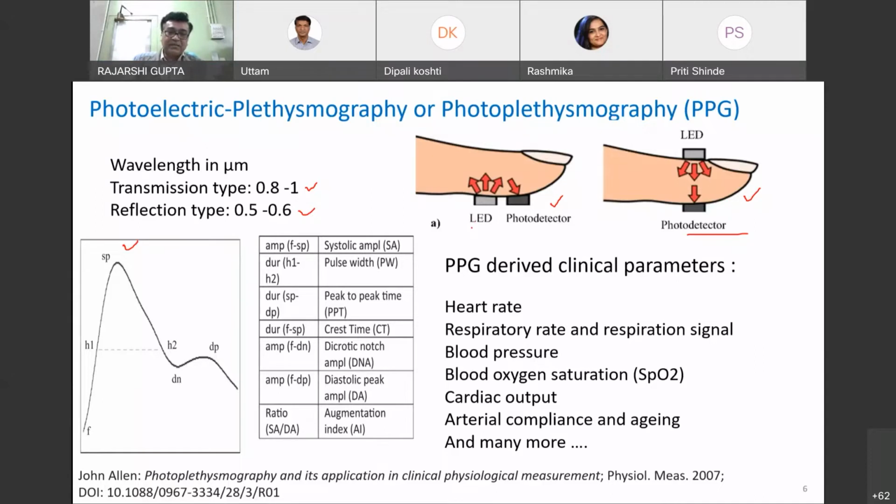When we consider the reflection type technology, these blood cells act as small mirrors, so there is larger reflection of light and the intensity at the photodetector increases. By these two techniques, it is possible to generate a waveform which is called the photoplethysmogram or photoplethysmography waveform.